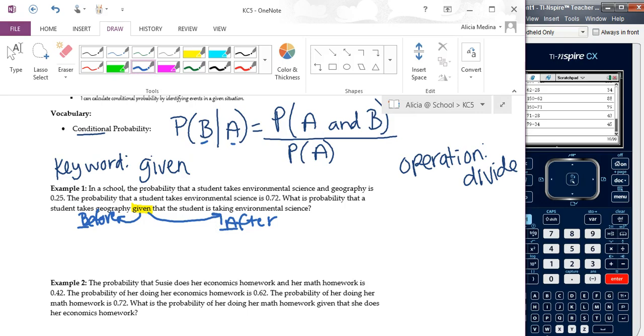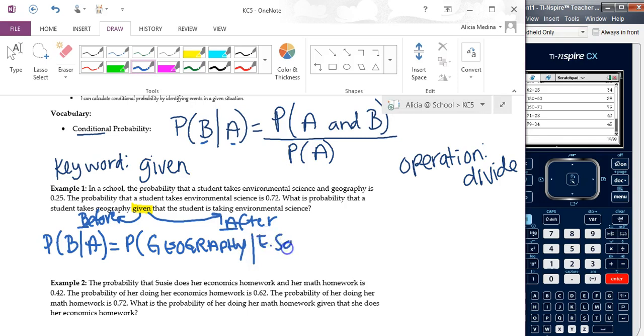So now, how we write this out is going to be exactly what we wrote up there at the top. So the probability of B given A can be rewritten as the probability of, well, what was B? B was geography given environmental science. So I'm literally just going to say E science.